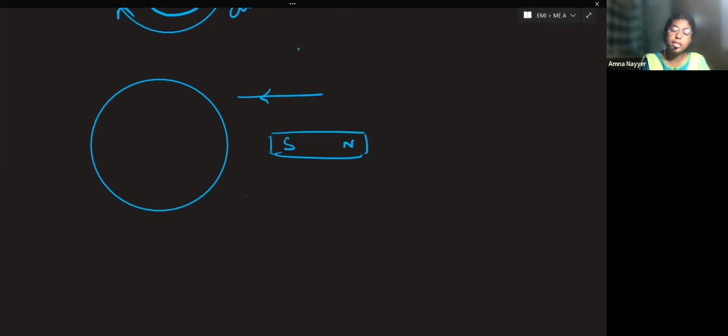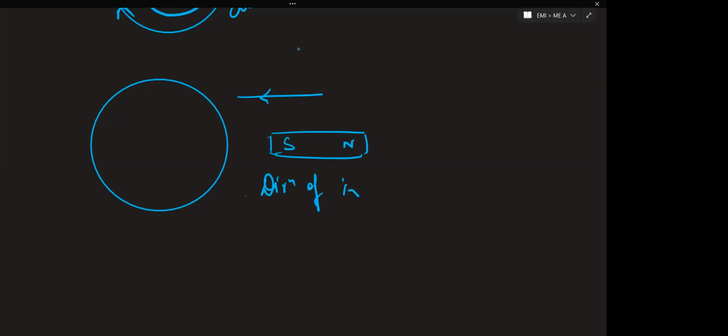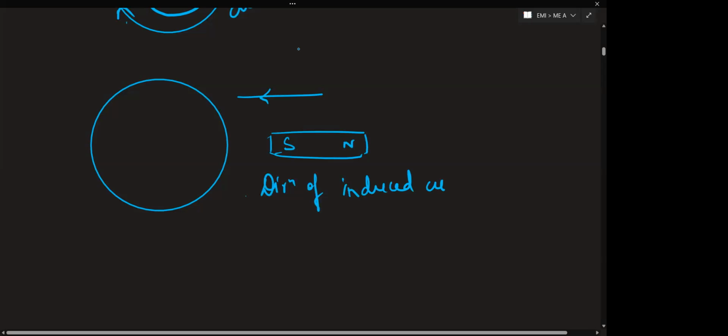All of you answer me in the chat box: what should be the polarity developed, not the polarity, the direction of induced current. Tell me the direction of induced current. South polarity is approaching, so what is the direction of induced current?